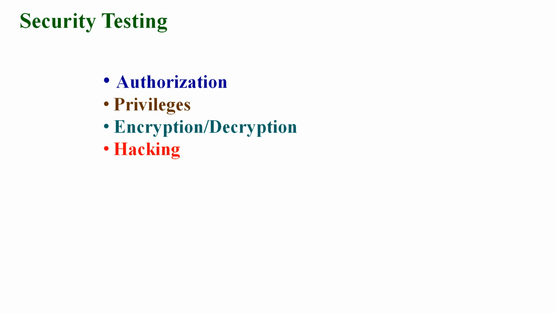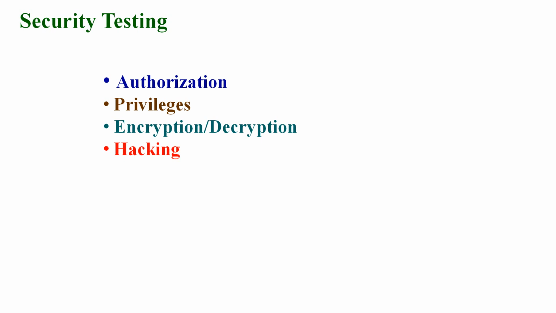Right? Encryption and decryption. What do you mean by encryption? If you are entering data, that data should be displayed in the encrypted form. For example, you are entering the password. While entering the password, you might have observed that the entered password characters are shown as star marks, star symbols. That is called encryption.